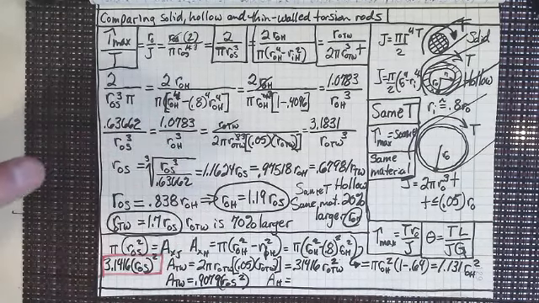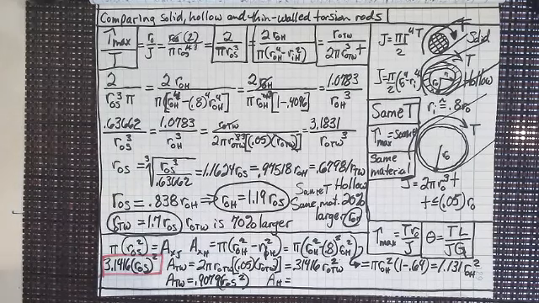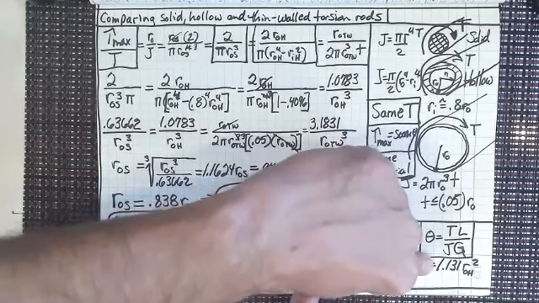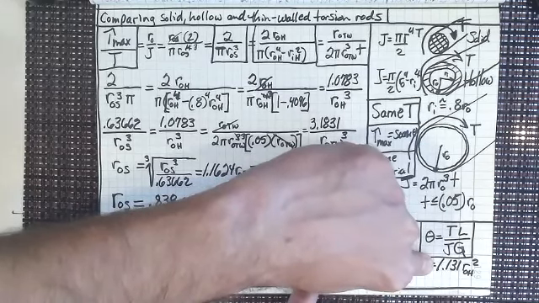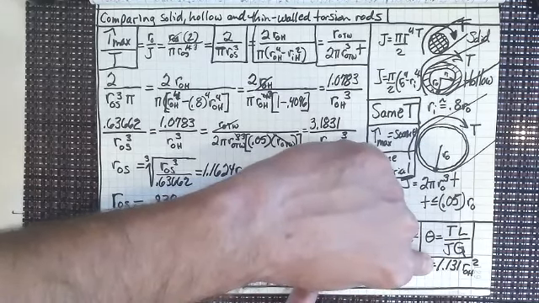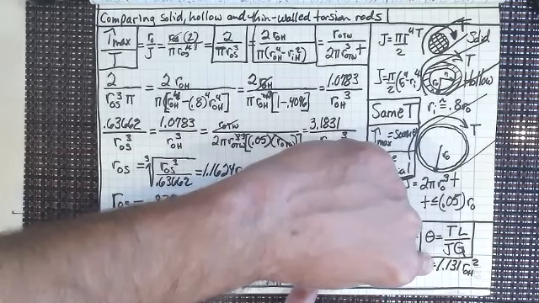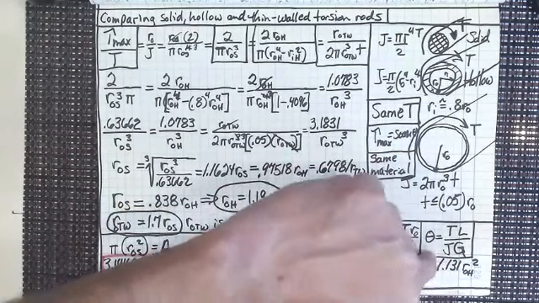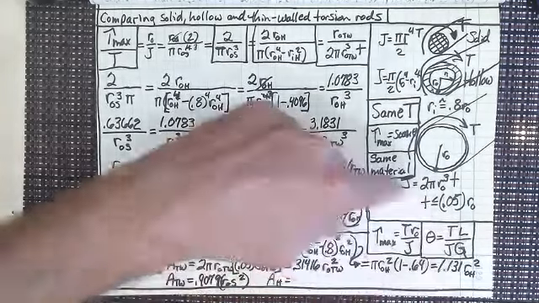So 1.131 times 1.19 is, have I got that right? Did I do this one, 0.31, yeah, 0.314 times 1.7 squared. Yeah, I think that's right. All right. Well, let's do this one then, just a second.